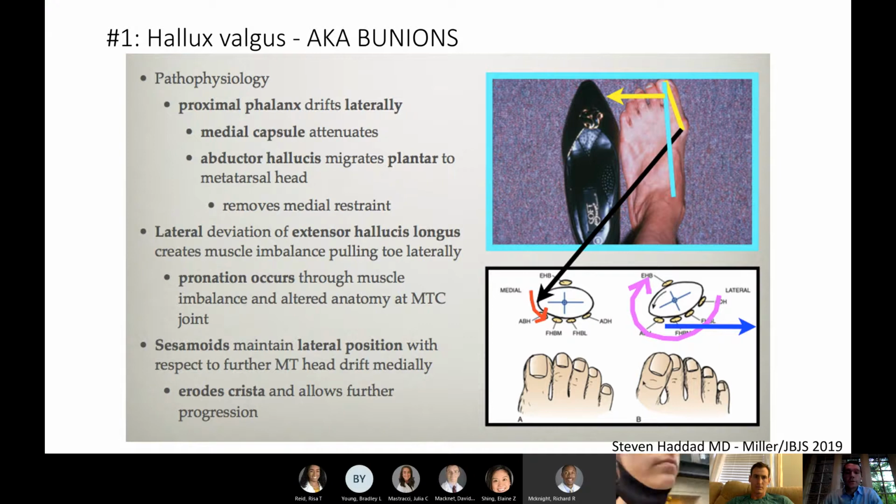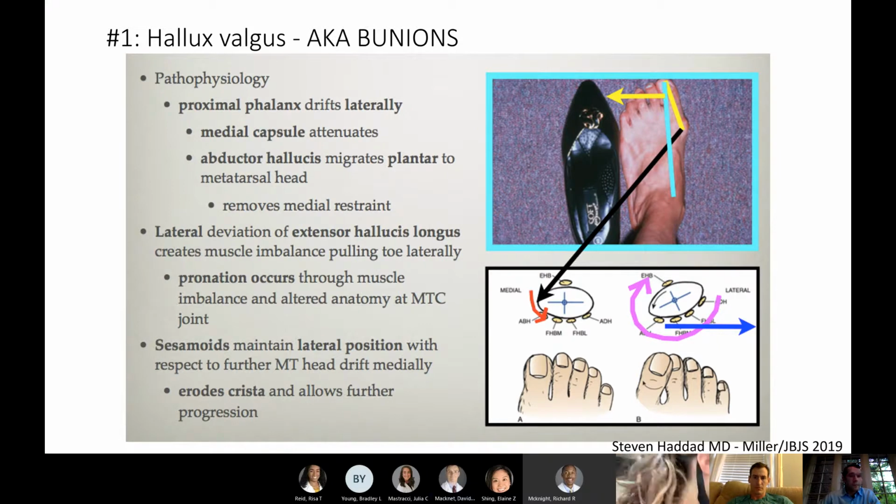It starts as a problem with the first metatarsal. The first metatarsal actually drifts into varus, and then because of the asymmetry of muscular balance that creates at the joint, that brings the hallux into valgus. And as it happens, the muscle imbalance is such that a pronation deformity occurs with the hallux, especially with severe deformity, as you can see illustrated there.